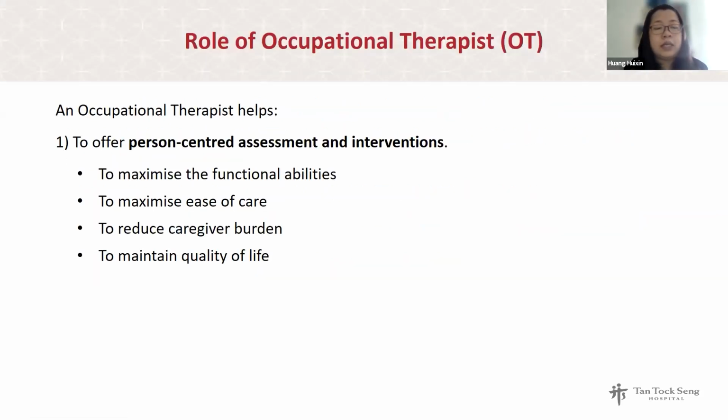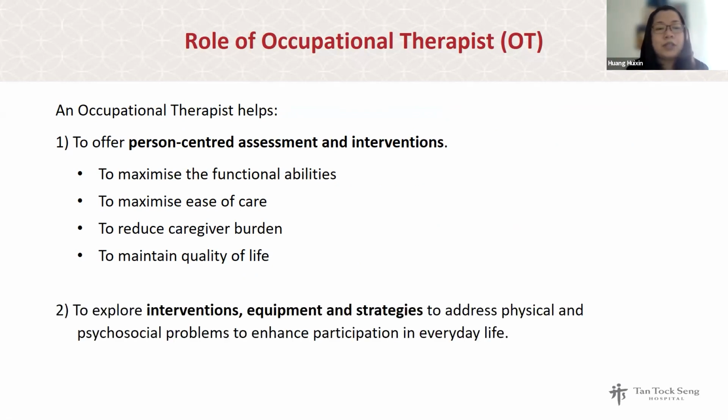As the OT, we offer a person-centered assessment and intervention with the aim of maximizing the functional ability of a person, to help ease the care and reduce the caregiver burden, and maintain quality of life.